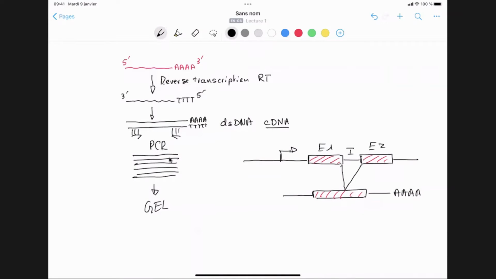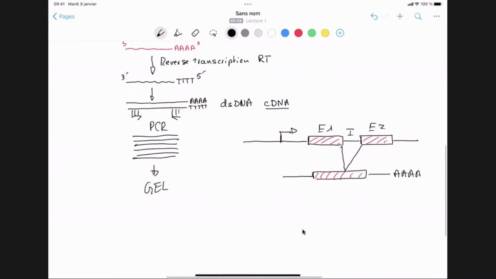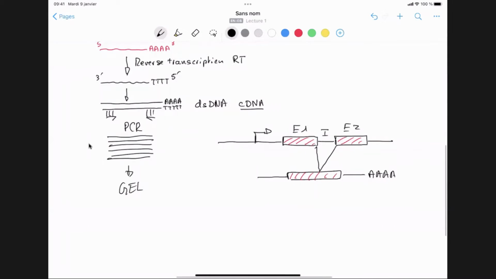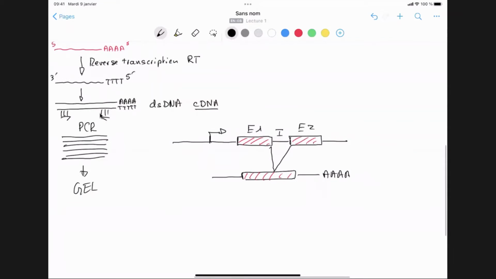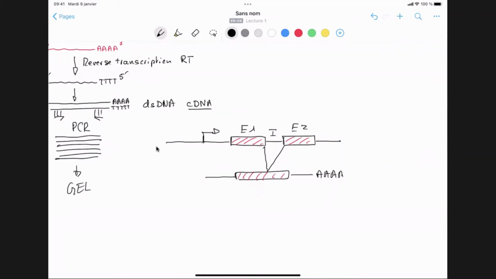So the trick in order to monitor only the PCR product coming from the amplification of the cDNA and not from the genomic DNA is that we choose the two primers for the PCR, the one on the left and the one on the right, to be on two different exons. So it means that there is an intron sequence in between.